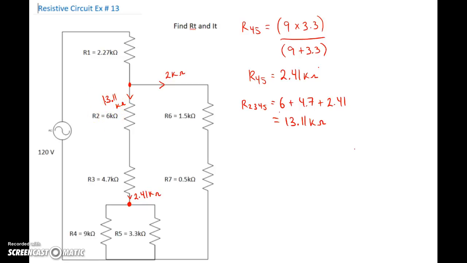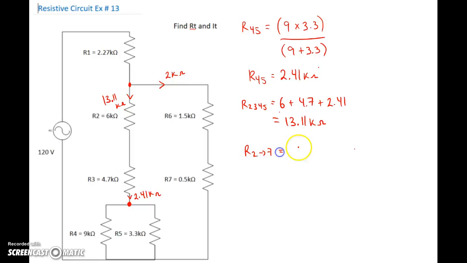Okay, at that point, we have two unequal values, 13.11 kiloohms in this rung, 2 kiloohms in this rung. So we're going to do product over sum again, and we're looking for a value that's less than 2 kiloohms. So what do we got? R2 through 7 is what we're trying to find.